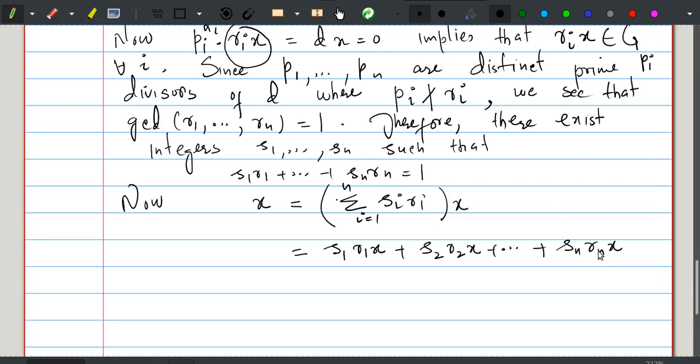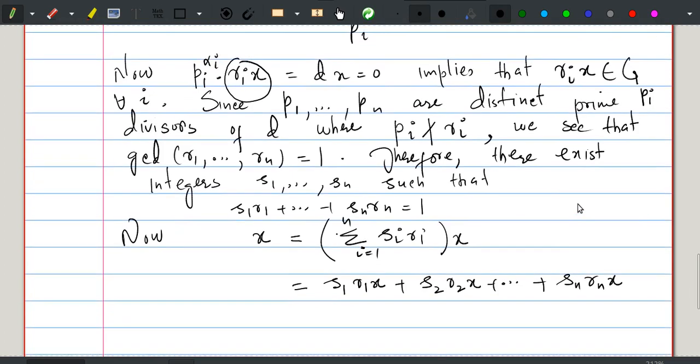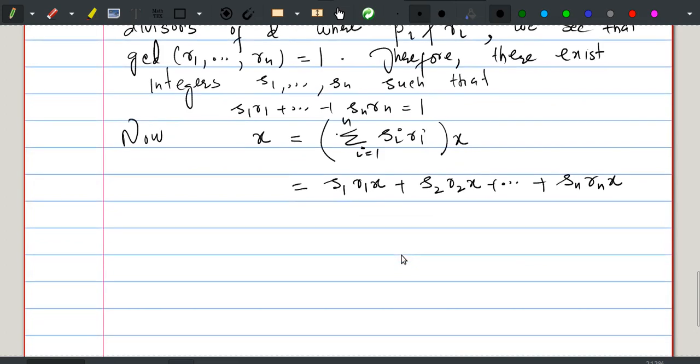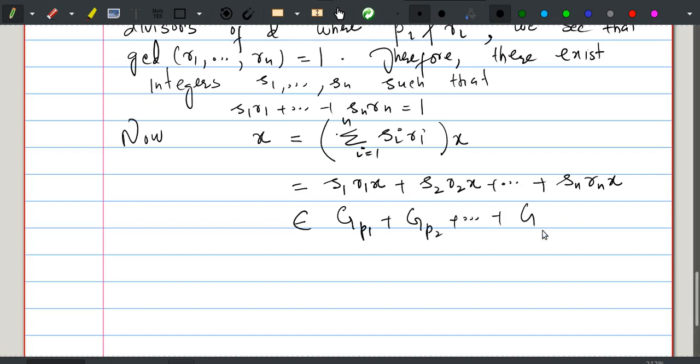So one can see we have proved that this ri x is in the pi-th component of G. So this means this x is in the G p1 component, this is in the G p2 component, and so on, this is in the G pn component.